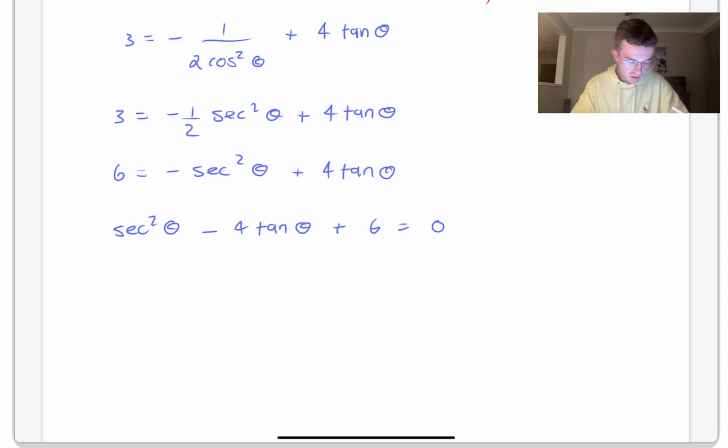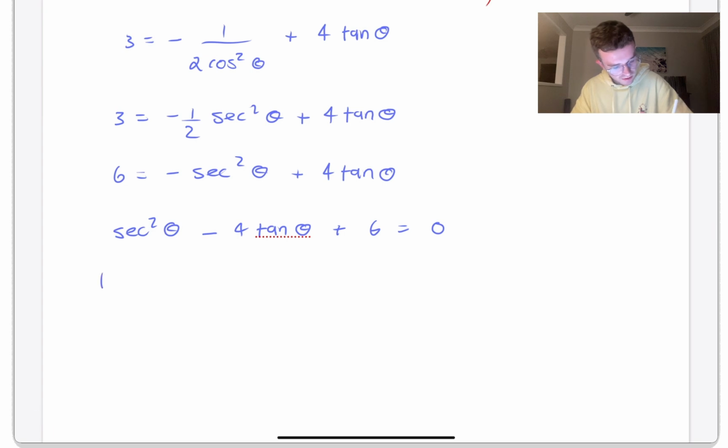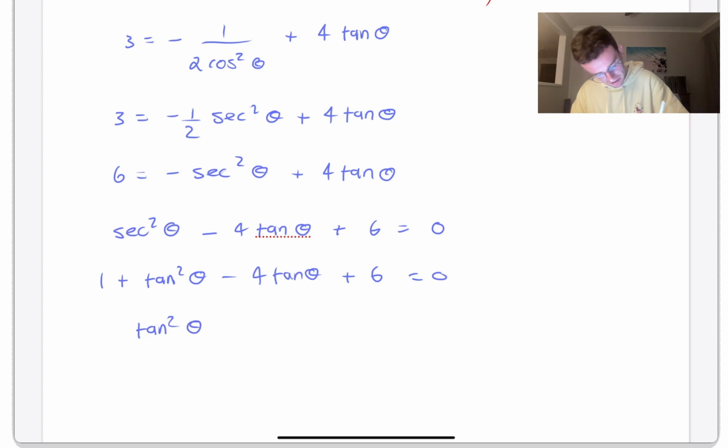Now we're thinking, uh-oh, we're not quite there, but let's realise sec squared is 1 plus tan squared. So this is 1 plus tan squared theta minus 4 tan theta plus 6 equals 0. And we're done. That's tan squared theta minus 4 tan theta plus 7 equals 0. QED.